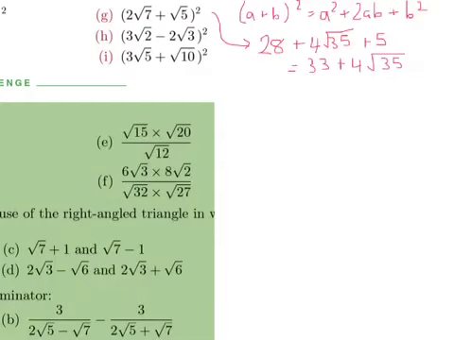Now challenge questions. Question 9. Root 15 times root 20 divided by root 12. Okay. So if you've got roots, you can treat them the same as normal simplification. We can actually cross out a 4 from top and bottom, so that becomes root 5, and that becomes root 3.